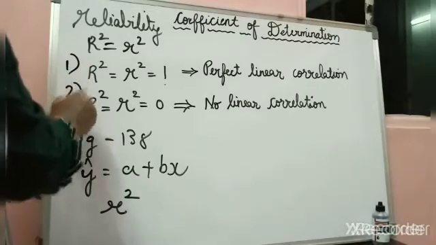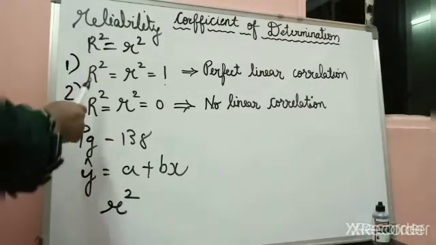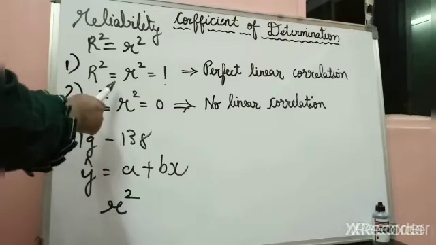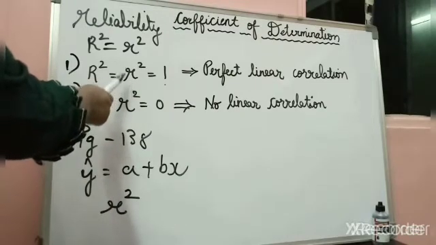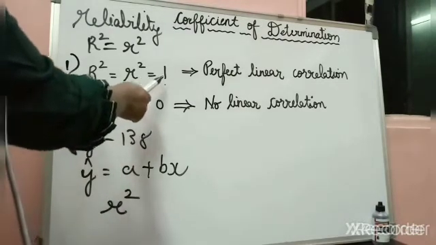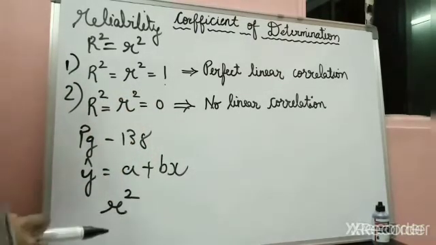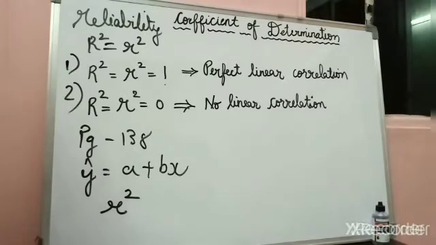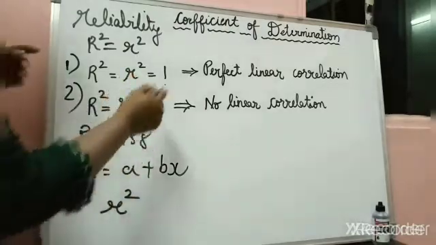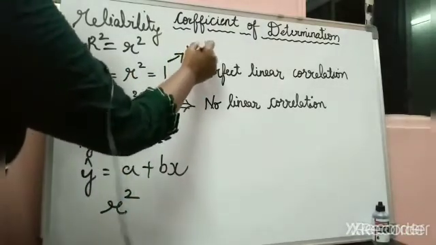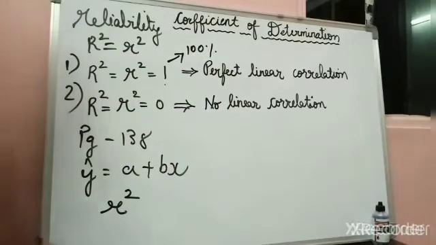So I have written down over here, when your capital R square, which is equal to the square of correlation coefficient, is equal to positive 1, then it means there is a perfect linear correlation. Clear? So what does it mean? That there is 100% reliability. When this happens, you can say that in this case there is 100% reliability.